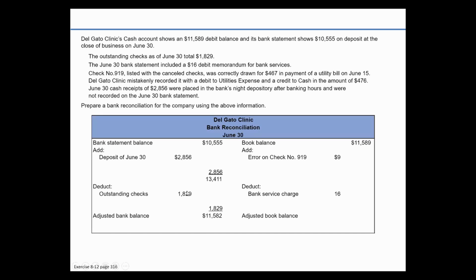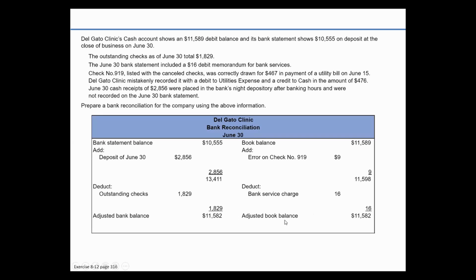And then if we subtract the 1,829 from 13,411, we now have an adjusted bank balance of 11,582. And if we come over here, we add $9 to our book balance, we get 11,598. And then we have to subtract our bank service charge of 16.